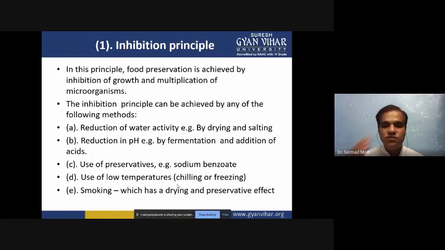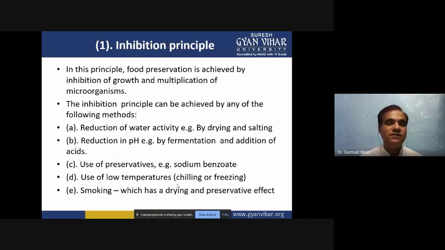If we remove the water content, then food will be stored for a longer duration. If we change the pH, reducing or increasing it, then microorganisms will not attack and the food will be preserved.